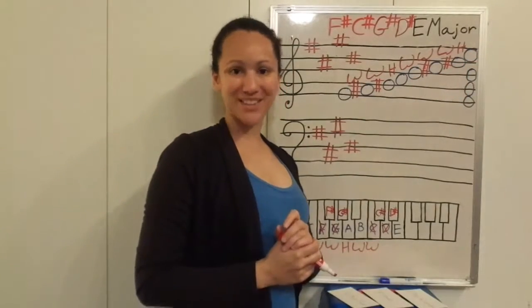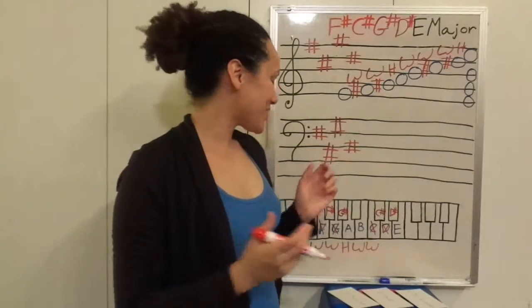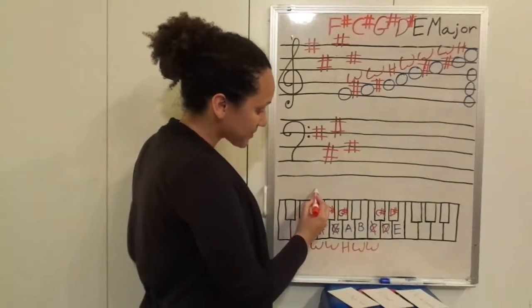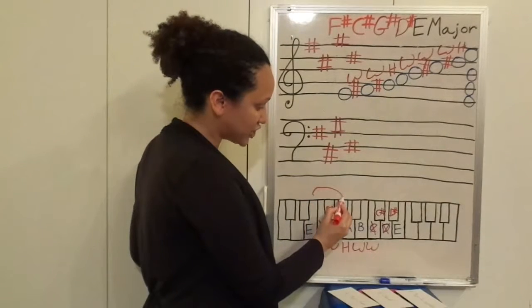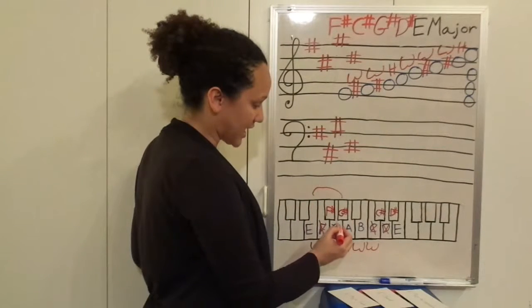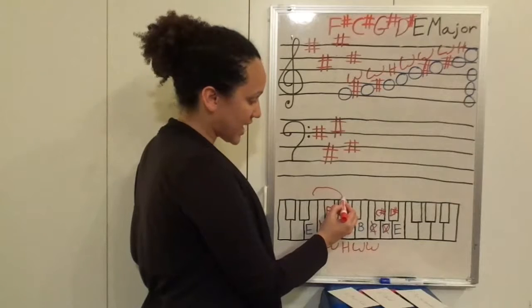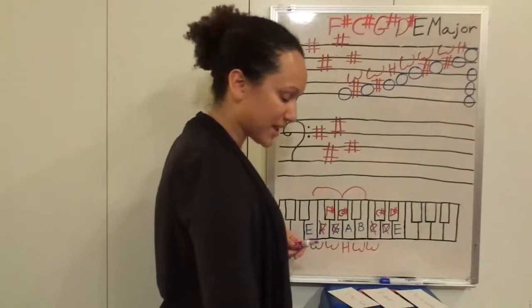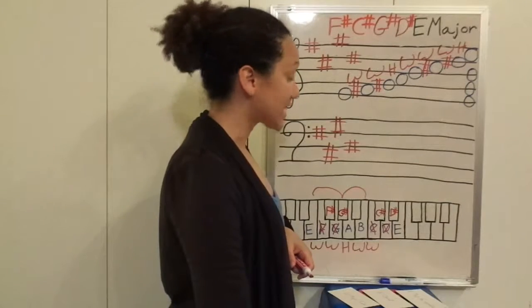Our E major scale. Let's find the chord. Starting with E, we're going to skip up. Instead of G, we're going to go to G sharp, because remember G has been taken out. So we have G sharp, and then we're going to skip up to B. So here's our E major scale.